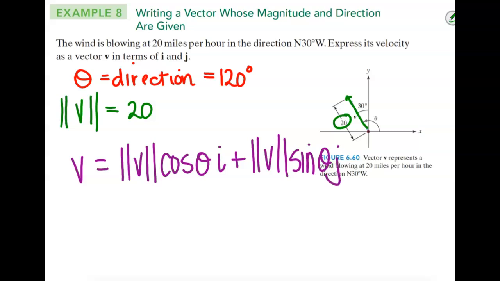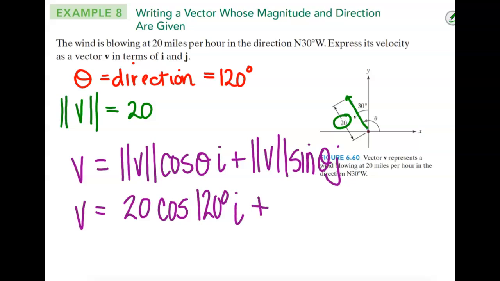So now we're going to substitute in. Vector v, the magnitude is the length, 20, cosine, the direction angle, 120 degrees, i, plus magnitude, sine, substitute in your direction angle, and then j.